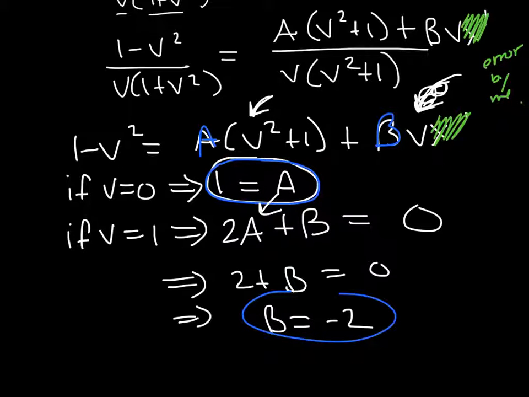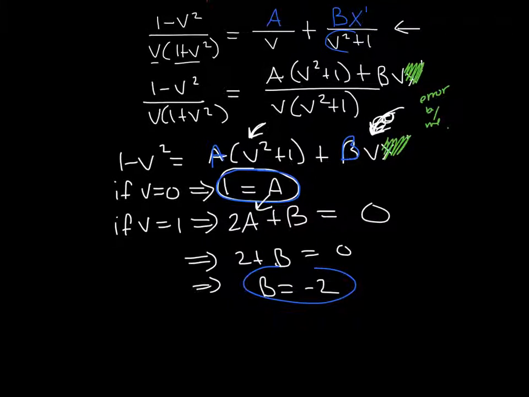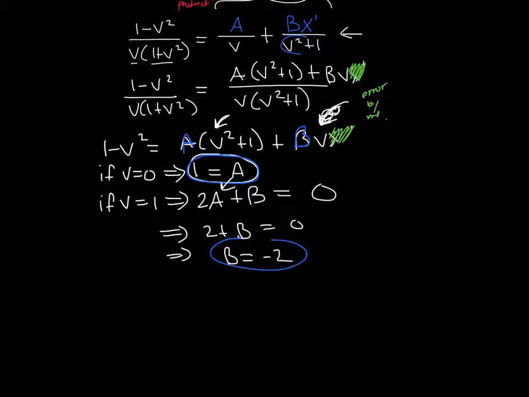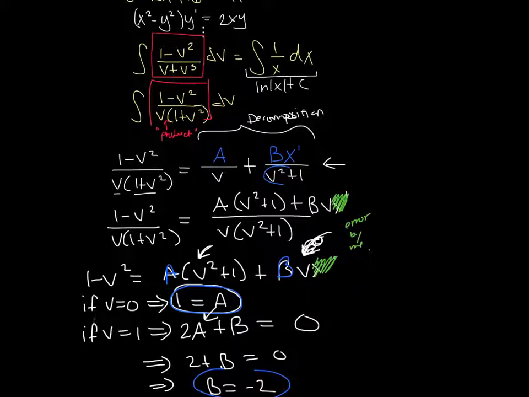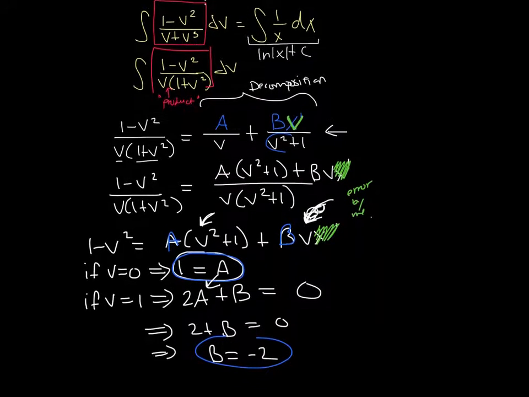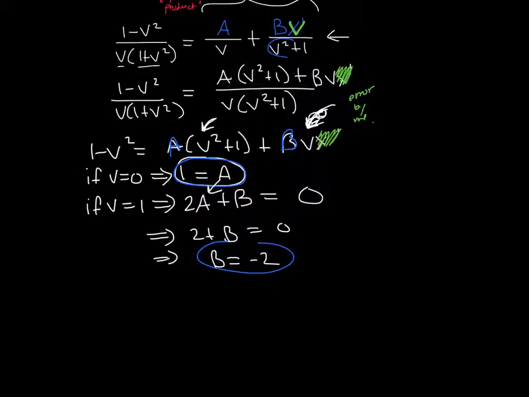So I found my a and b, and let's just plug it back in. And again, let me erase this part. This is b. That should really be bv.